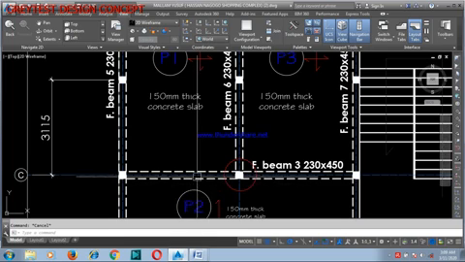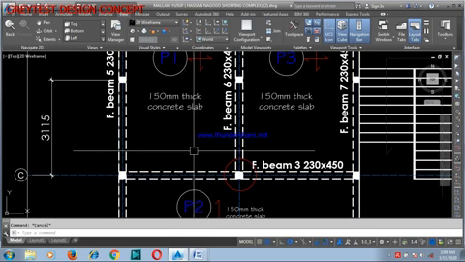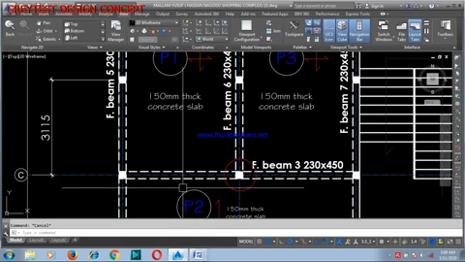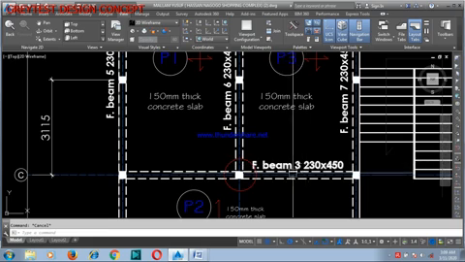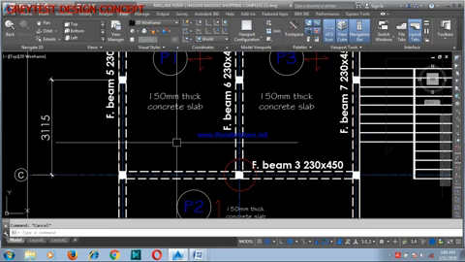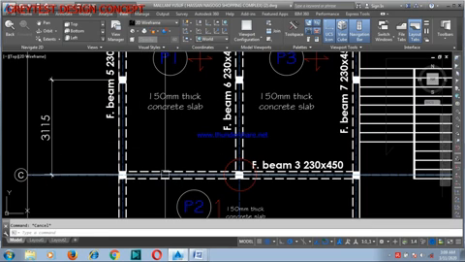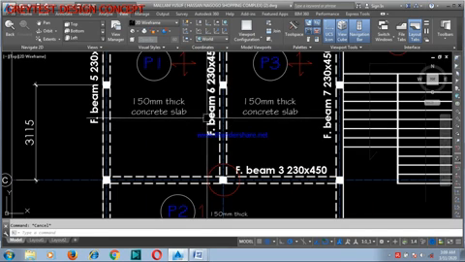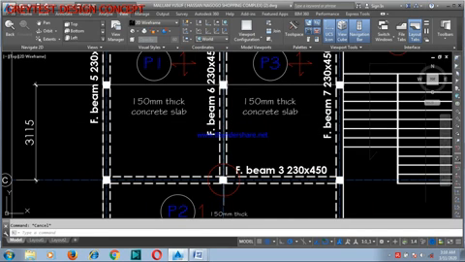It's carrying half of this beam here and half of this one here. As you can see, there is a column here.